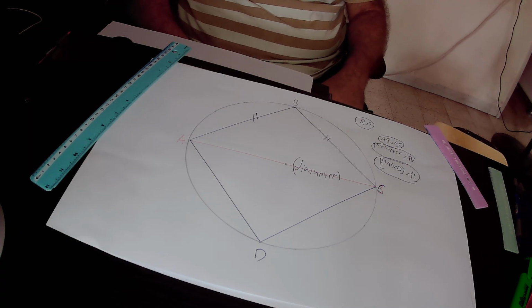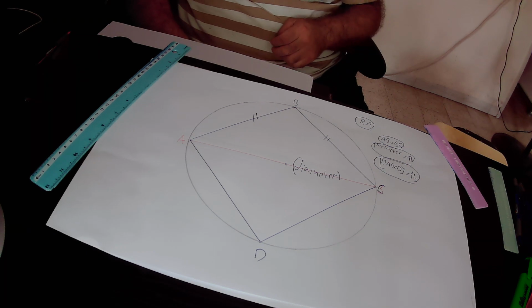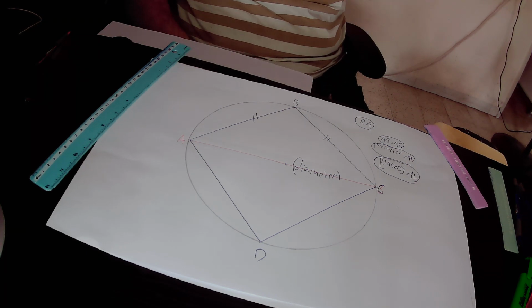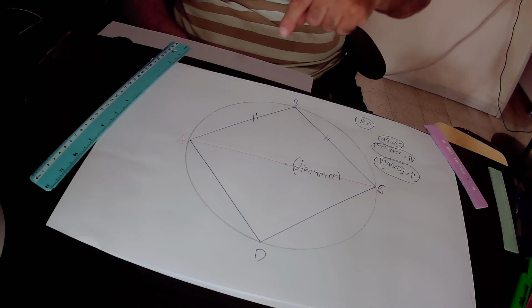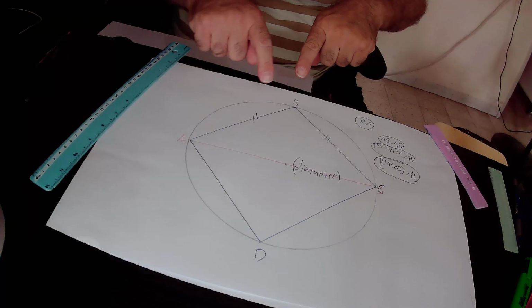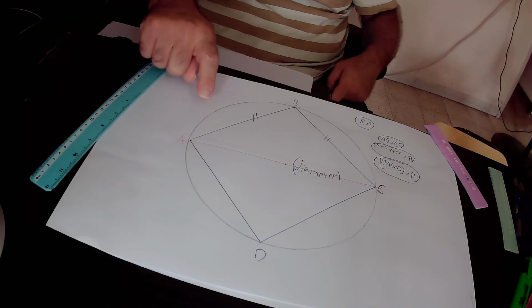First of all, we define the side lengths of quadrilateral ABCD with names. We define the length of side AB as a.